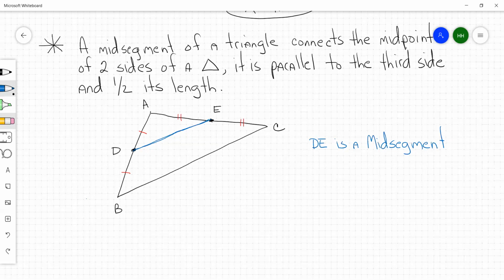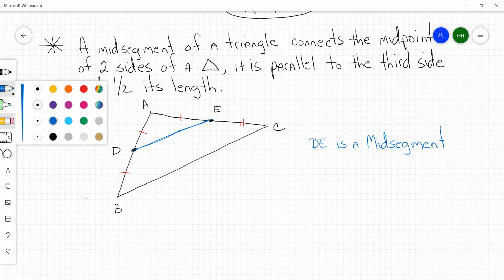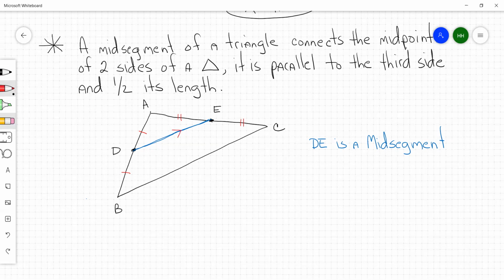The rule says a midsegment of a triangle connects midpoints of two sides of a triangle. It is parallel to the third side. So here's something we know about it. The midsegment is parallel to the third side, and it is half its length. So if DE is this midsegment, we know that DE is parallel to BC.